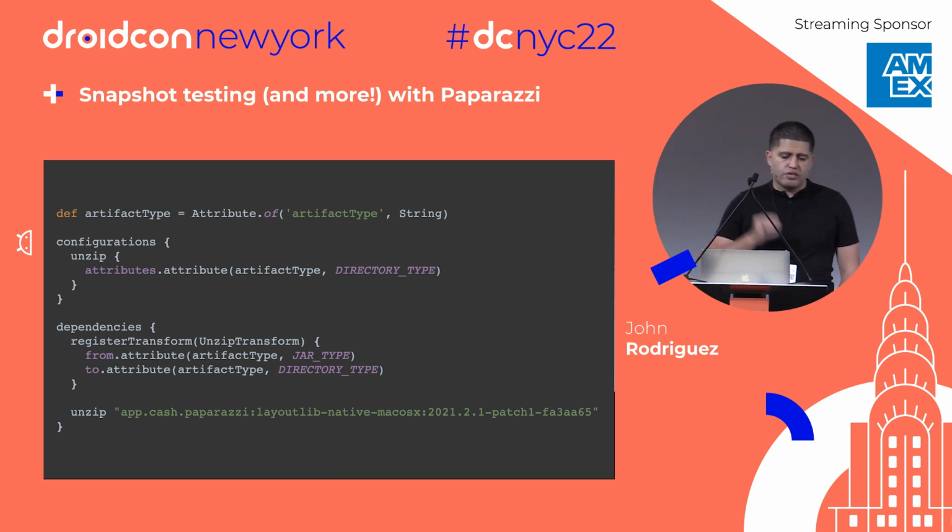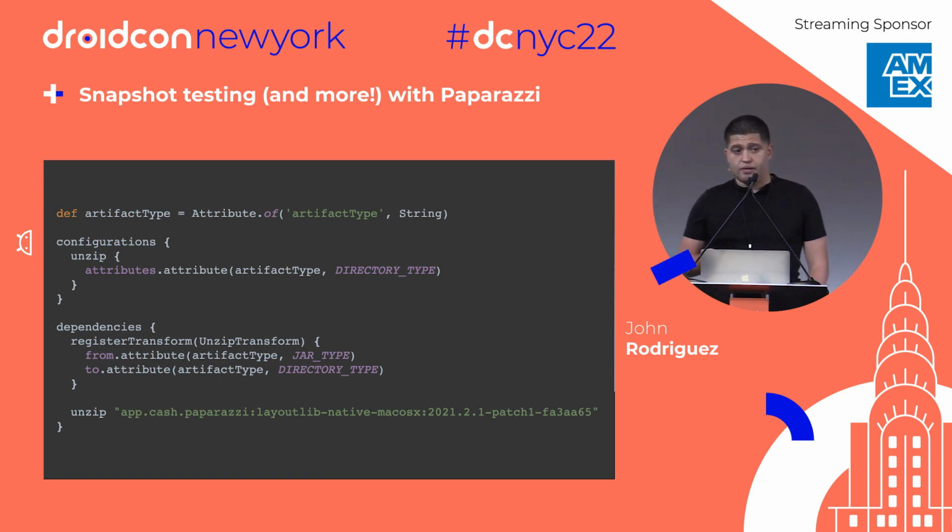And it turns out you can also write a transform to do unzipping. So if you specify a configuration, pass that AAR to that configuration, and register a transform for the input type of that configuration, it'll not only fetch the dependency from Maven Central, but also expand it in a different place in your Gradle cache. And then you can point those paths to Bridge.